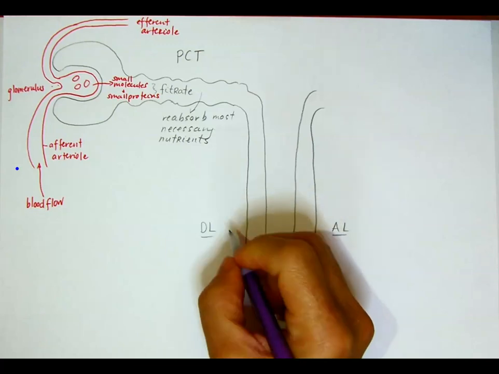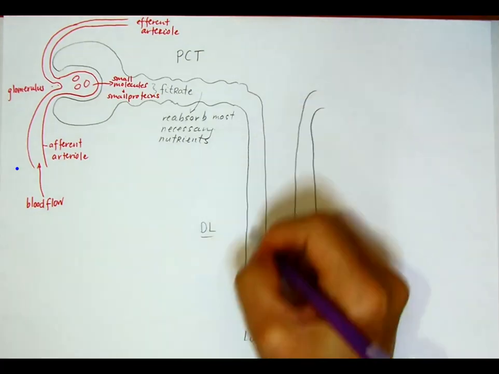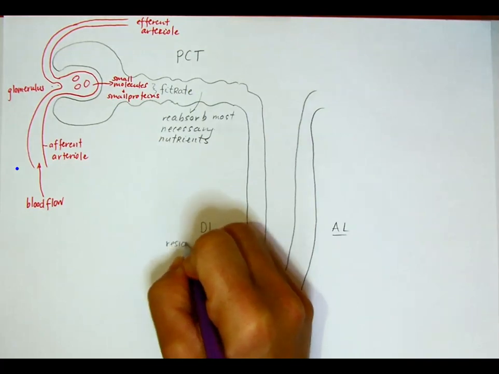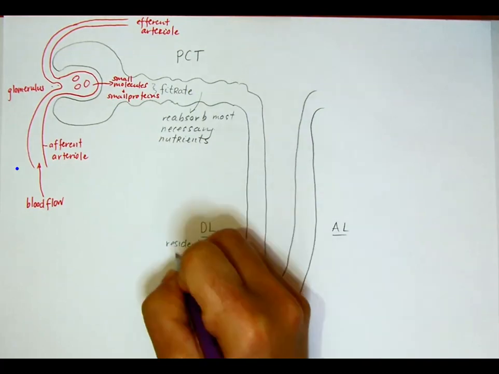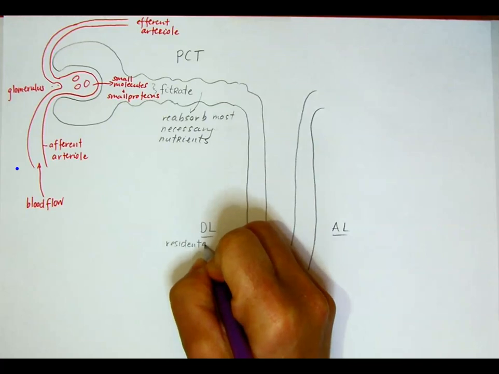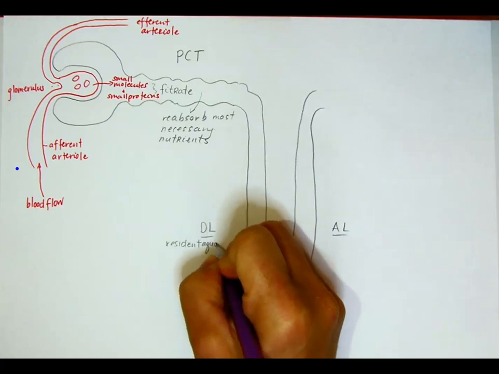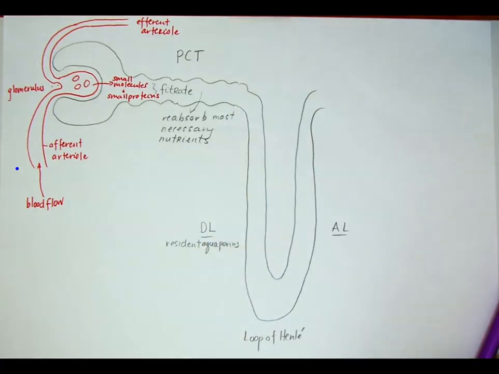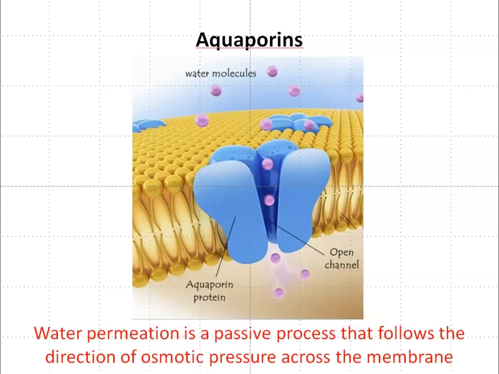So here in this area, I have something called resident aquaporins. And what that means is I have a water channel that's permanent and it stays there. And this is what the water channel looks like. Here it's called an aquaporin, which means hole for water. It's a channel, and it allows water to cross down its concentration gradient.